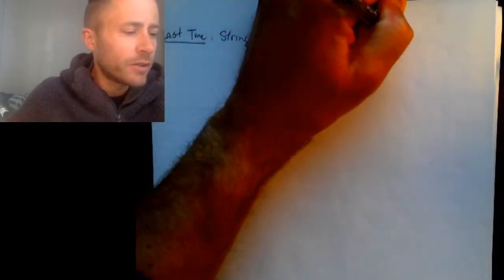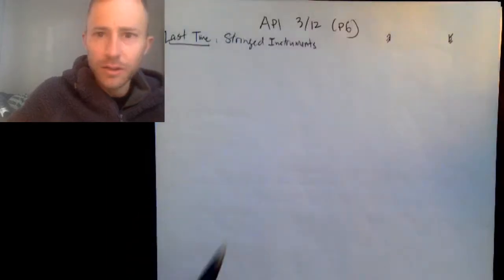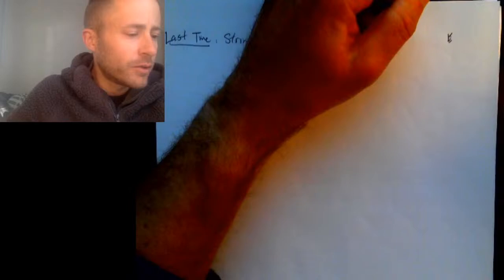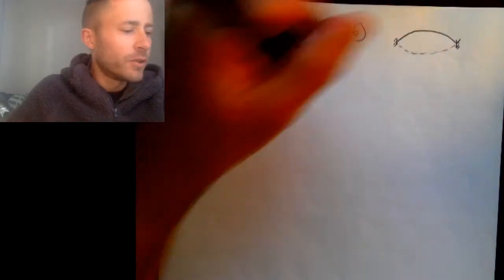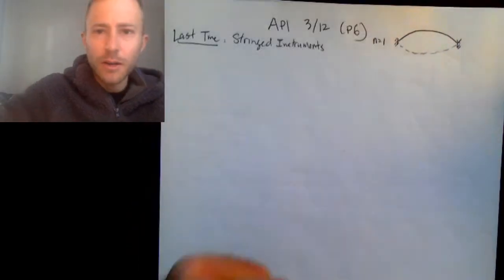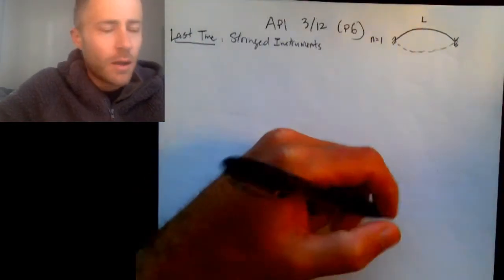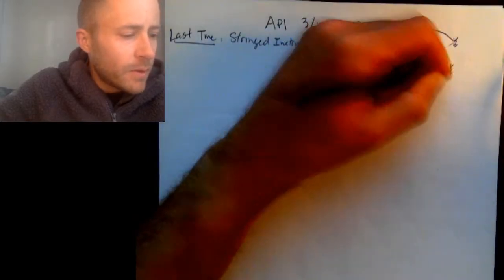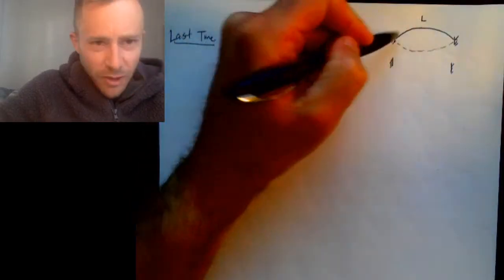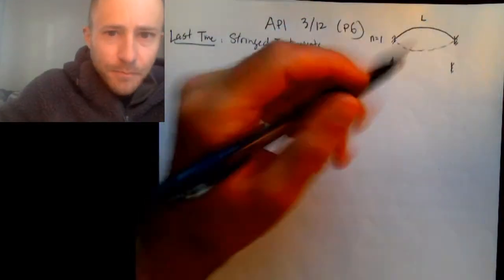I represented the string as being between two sides like this. And then there was a wave that looked like so. This was called the first harmonic, and the length of the instrument is L. I called this a, quote, football.